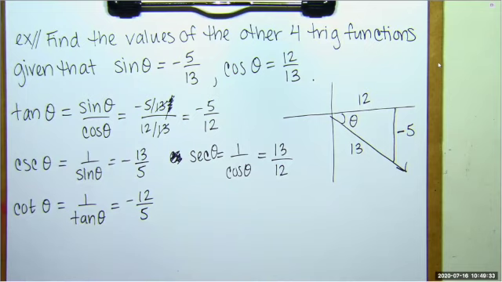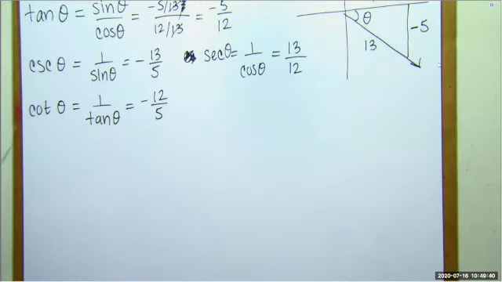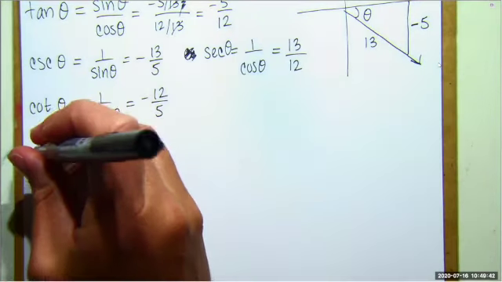Okay, so as I mentioned earlier, the quotient identity, that's one of our 2 most used identities. The next most used identity is called the Pythagorean identity.